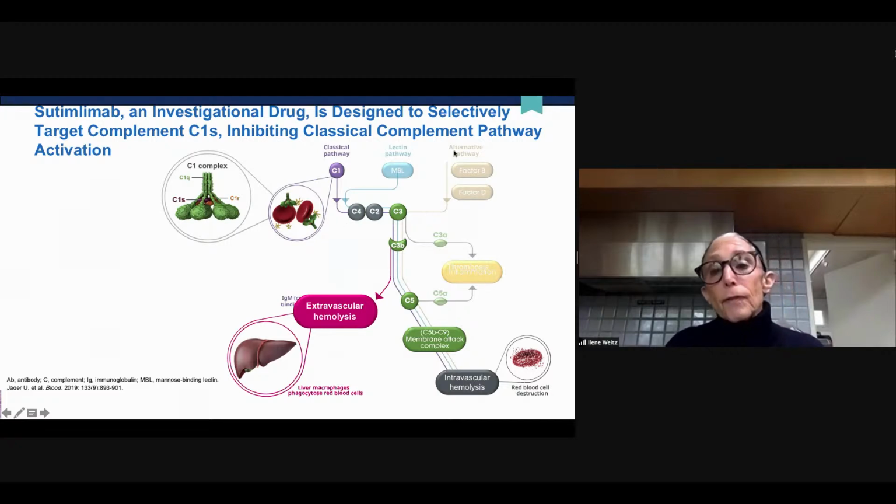It does not affect the alternative pathway, and it does not affect the terminal complement pathway other than by decreasing the generation of C3b. The lectin, mannose binding pathway also works through this same mechanism. And as a result, we would expect a decrease in extravascular hemolysis.